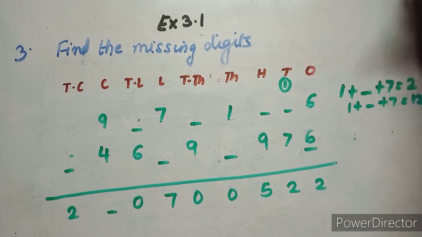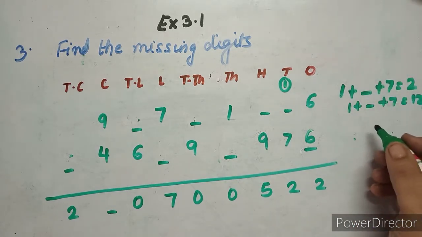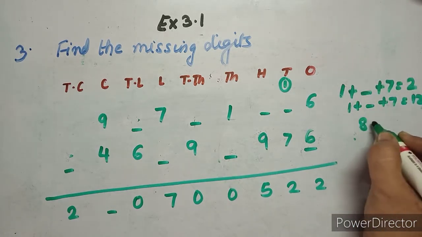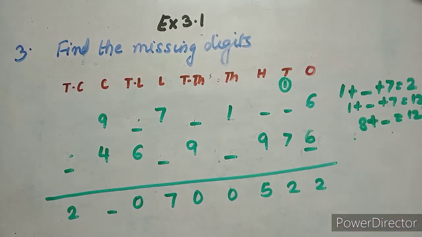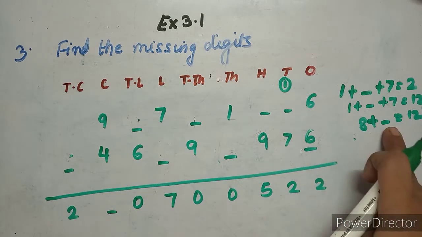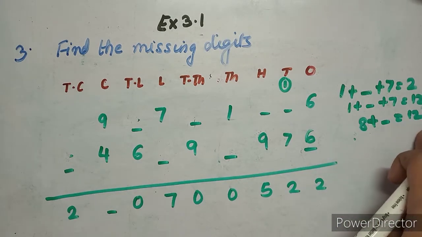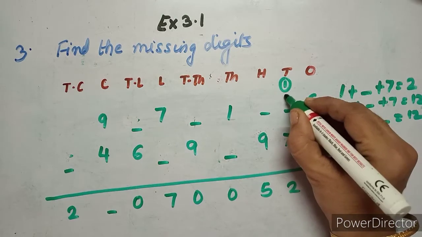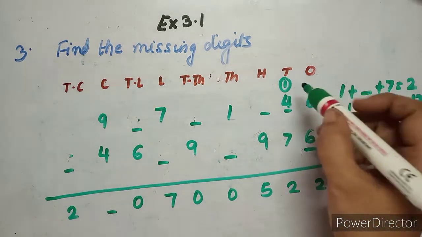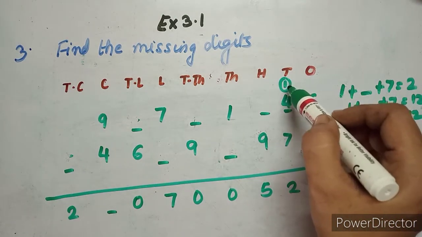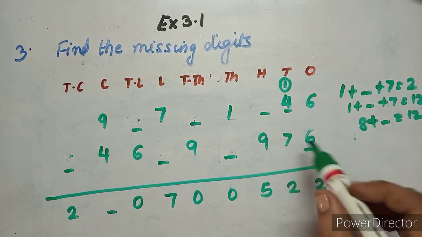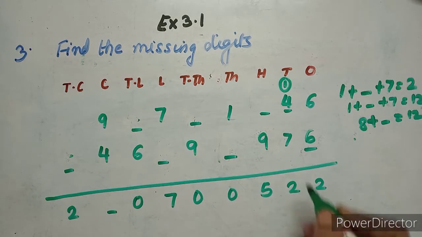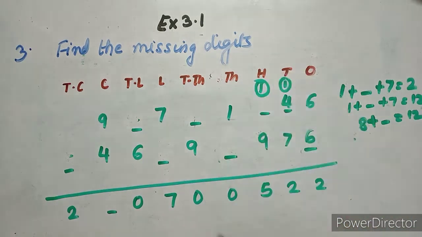So 1 plus dash plus 7 is equal to 12. That means 8 plus dash is equal to 12, since 1 plus 7 is 8. How much to be added to 8 to get 12 is 4. So here 4. 4 plus 1 is 5, 5 plus 7 is 12. So 2 down, and again carry over 1.